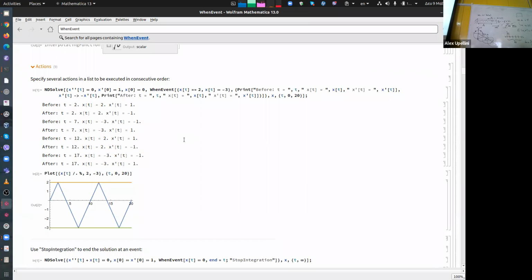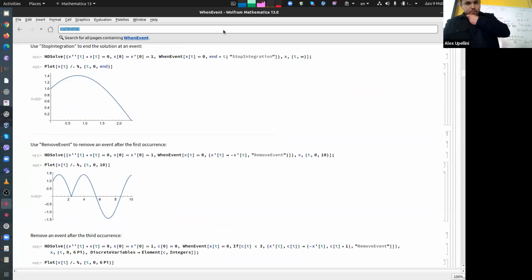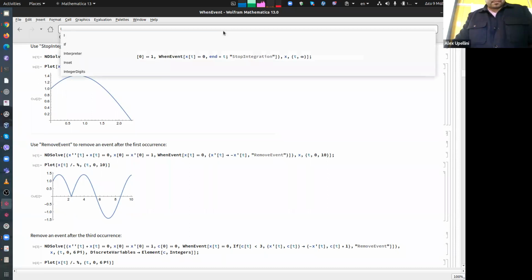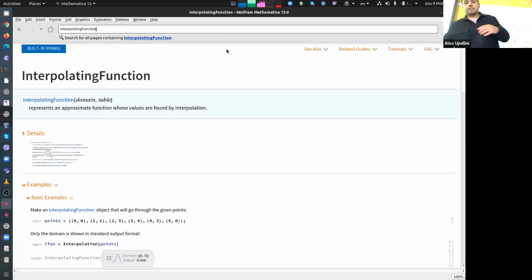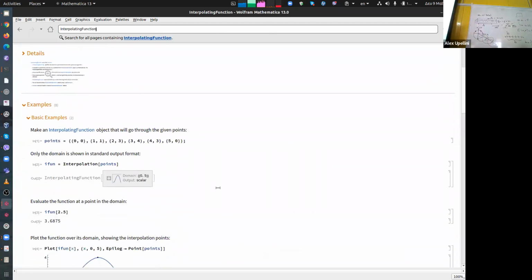Okay. So you want to see the steps of the algorithm, right? Like a step-by-step solution. Yes, the data of the solution, you can have it. Yeah, just to finish, the answer to that question is when you get an interpolating function as a solution of the differential equation, it is an object, it's a box, but this box actually contains a lot of information inside.